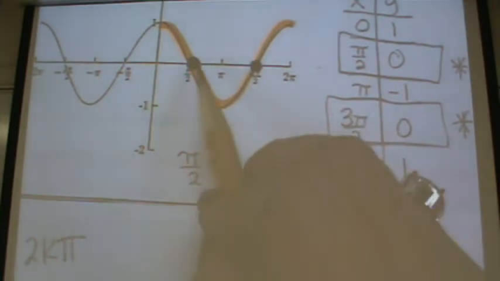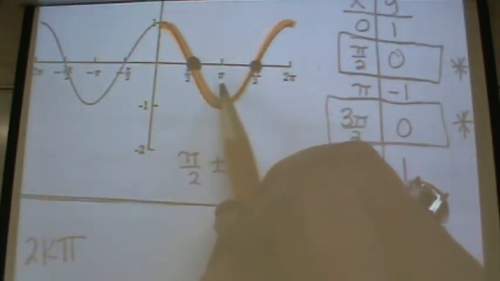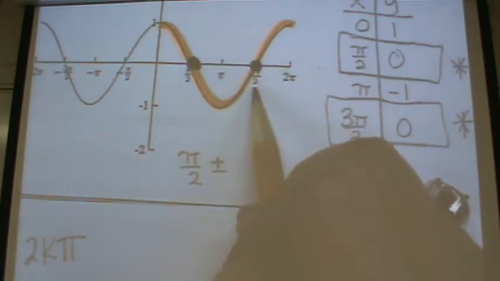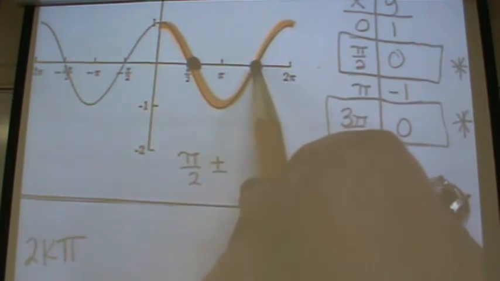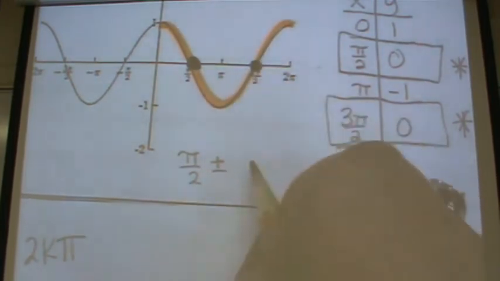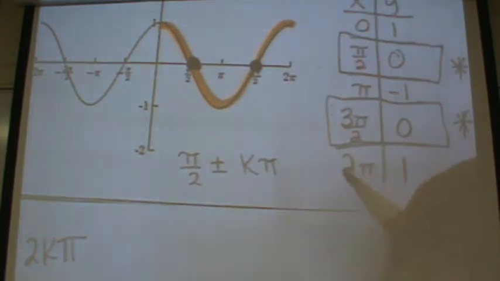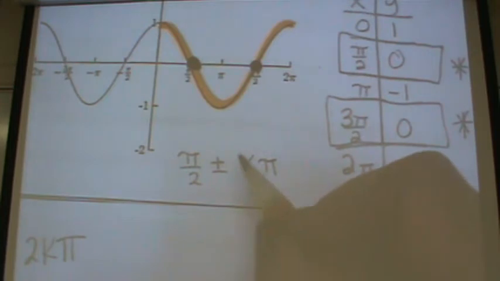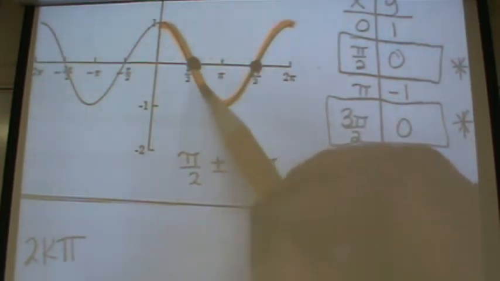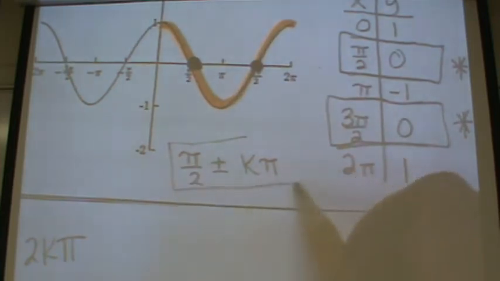No, 1. From pi over 2 to pi is a half pi, and from pi to 3 pi over 2 is another half pi. So that's 1 pi. So you could do that, and by doing that for this one, it doesn't always work on these, but this one you're going to see it happen at every pi. That is the answer, so you could shorten that one up.